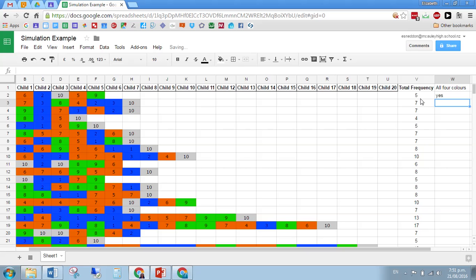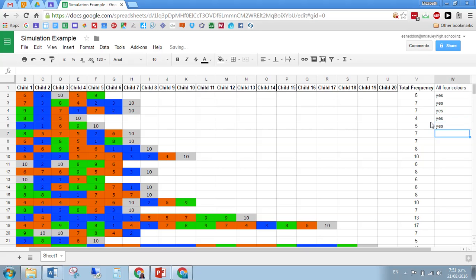Then for the next trial, they had to have 7 children before they got all 4 colours. Is 7 less than 10? Yes, it is. So again, the next one, trial number 3, yes, they would have all 4 eye colours. Trial number 4, they had 4 children before they got all 4 eye colours. So yes, having 10 children would give them all 4.